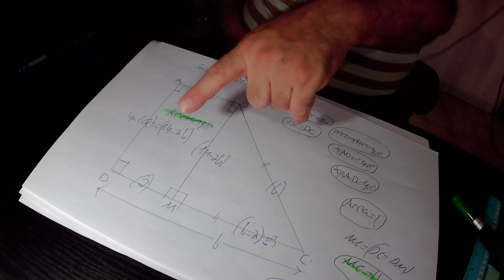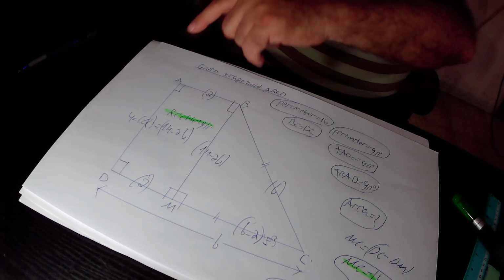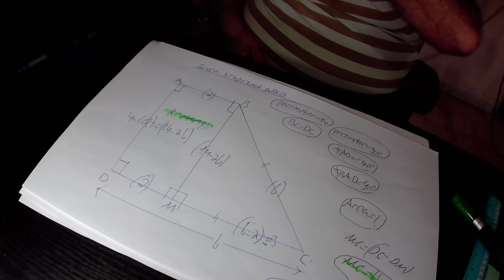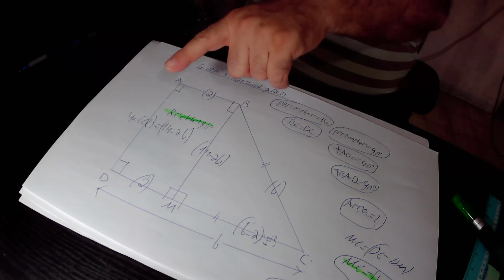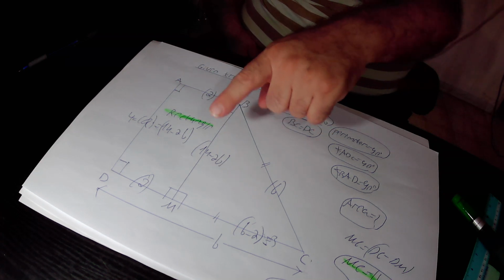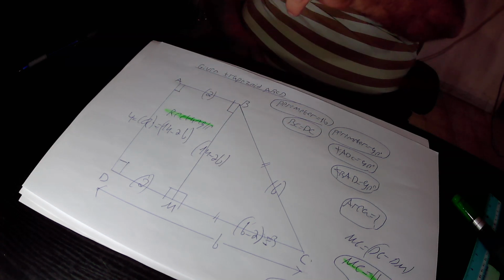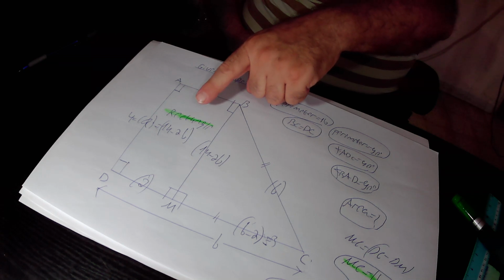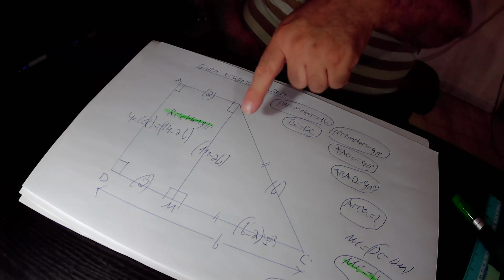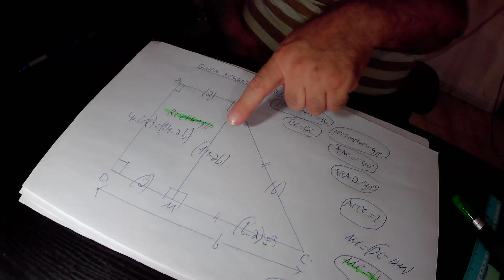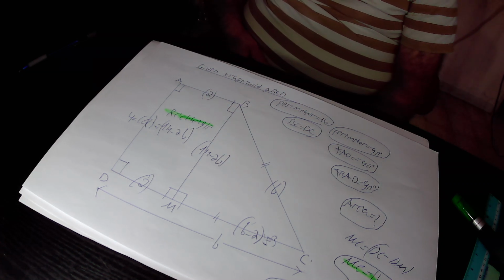But AB is 2, therefore the opposite side DM must also be equal to 2. Likewise, in rectangle ABMD, side AD must be equal to the opposite side BM. But AD is equal to A, and A equals 14 minus 2B. Therefore, the opposite side BM must also be equal to A, that is 14 minus 2B.